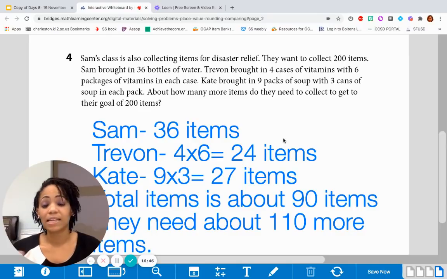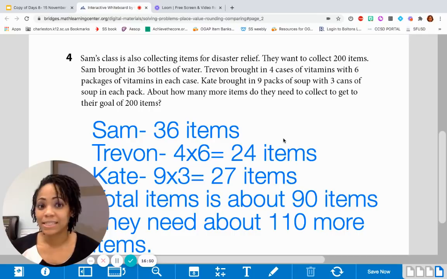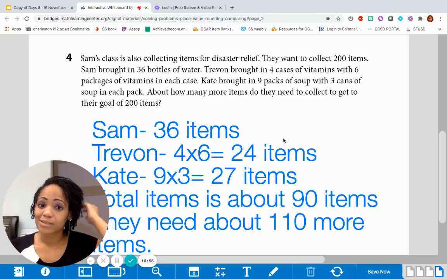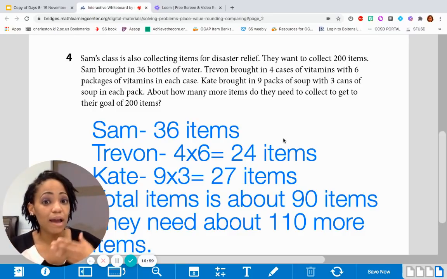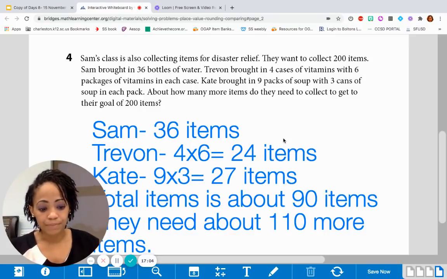If I make an estimate and I get 100, but when I'm solving the problem I get 400, something's wrong. I need to go back and check my work. So really, estimates are going to help you determine if your actual precise answers are reasonable or not.